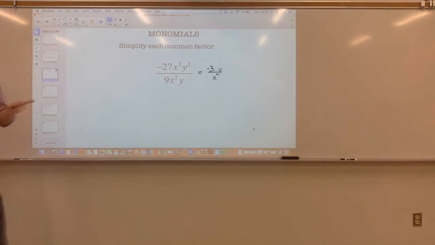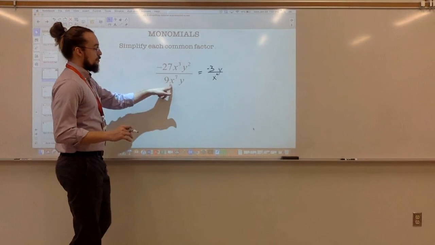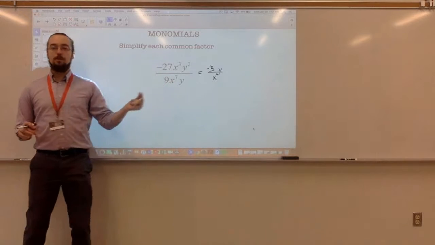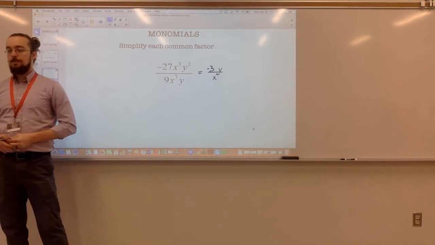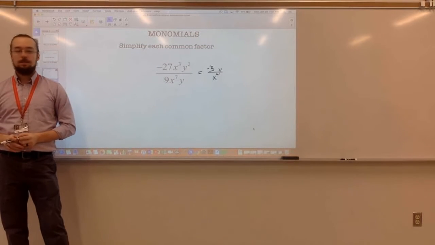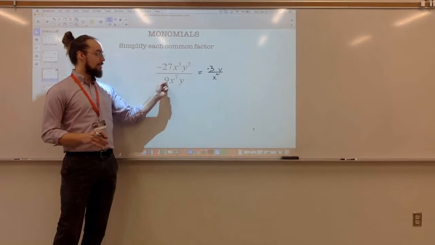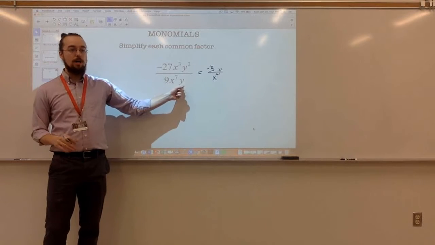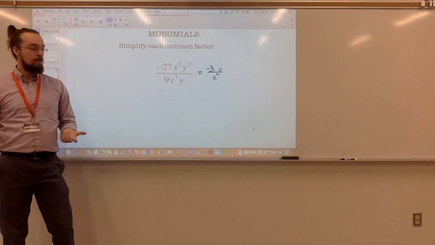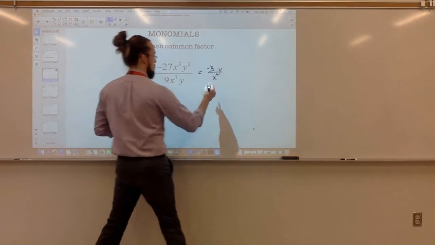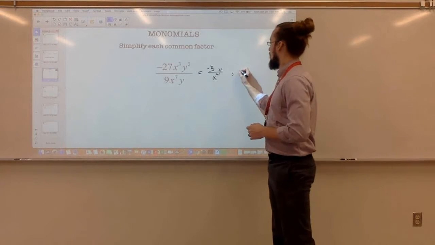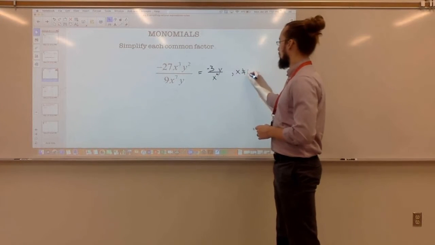What value of x would make the denominator equal to 0? 0. If I plug in 0 for x, I'll have 9 times 0 times whatever y is. So that would be 0. So by restrictions then, we'll say x cannot equal 0.